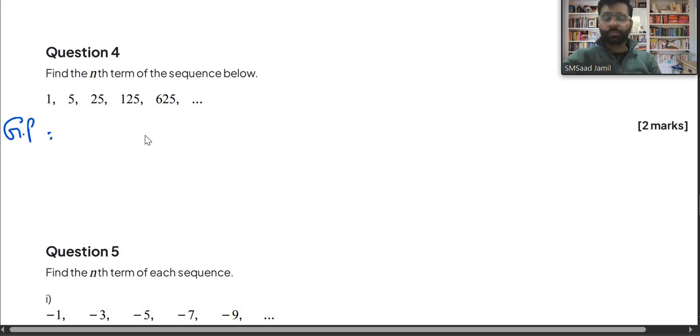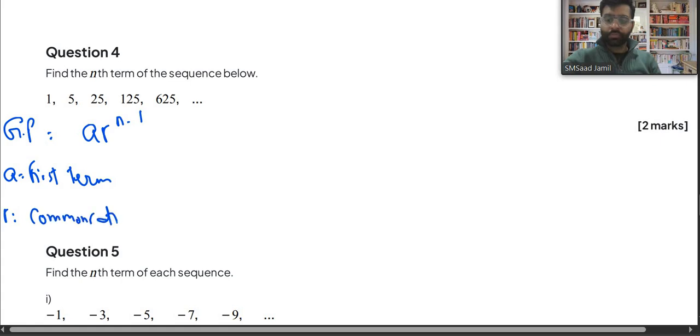The formula for geometric progression is a r raised to power n minus 1. a is the first term. r is the common ratio. Alright. So how do we find common ratio? Next term divided by previous term.